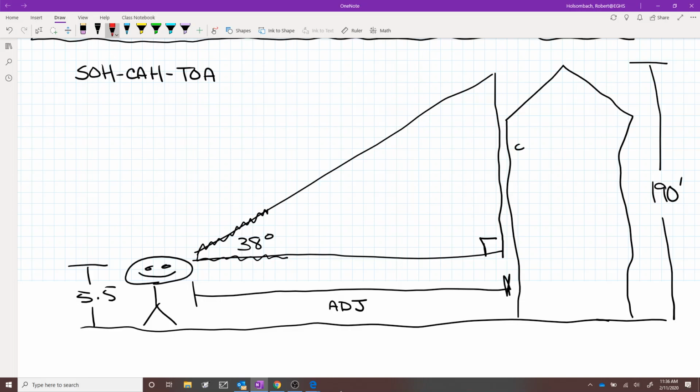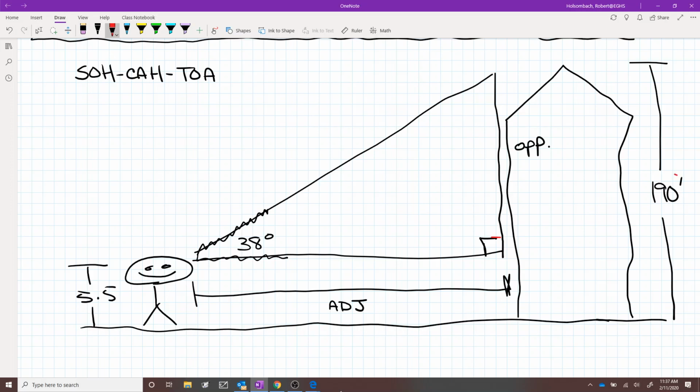The opposite side, you got to do a little math, and this is where you need to be careful, because they told you this castle is 190 feet tall, but they also told you that she is 5.5 feet tall, and this triangle is not on the ground. It's 5.5 feet above the ground.